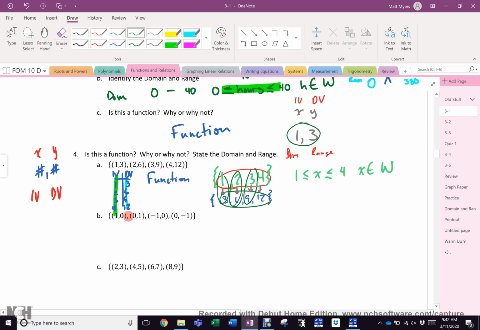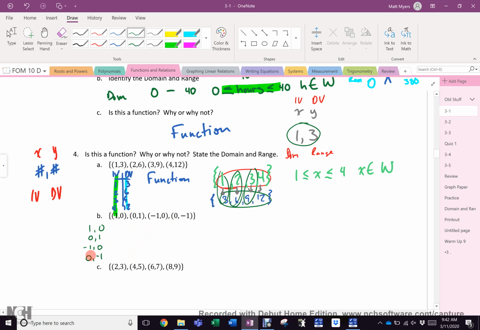So, what are the ordered pairs here? There's 1, 0, 0, 1, -1, 0. I ran out of room. 1, 0, 0, 1, -1, 0, and 0, -1.